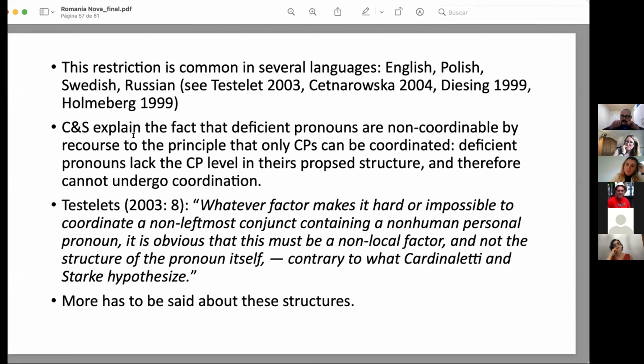Yes, but it can't go through this plus animate FP position, right? Because it's inanimate. True, but that's a good question, because maybe this is related to the structure of this VP, which may have a demonstrative, so probably two things may be related. But yes, I haven't really thought about that yet. Thank you.